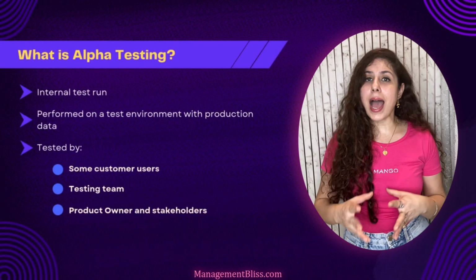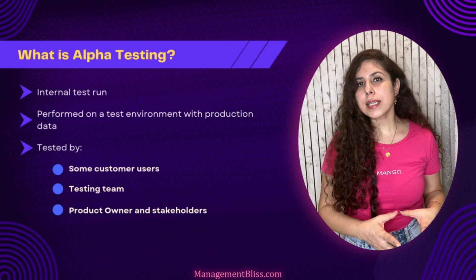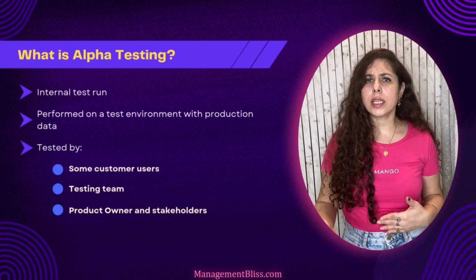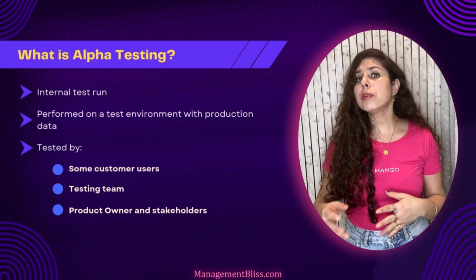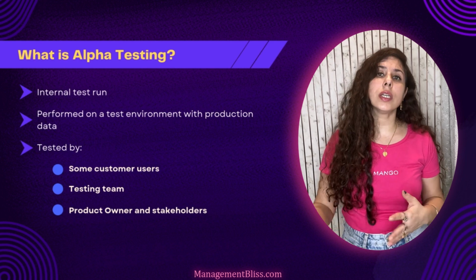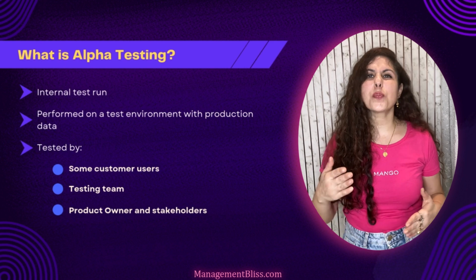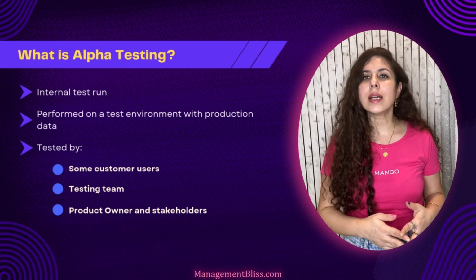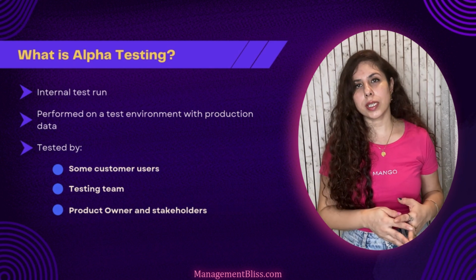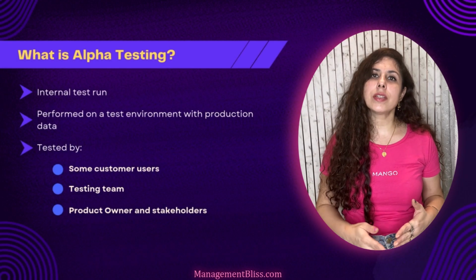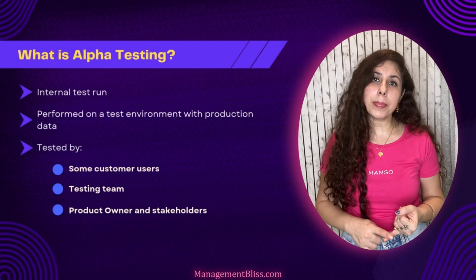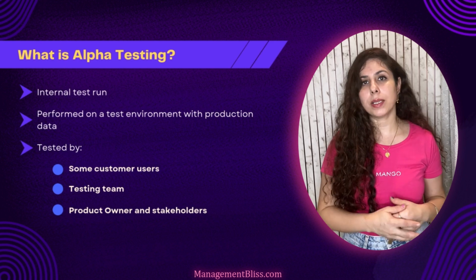Now, what is alpha testing? Alpha testing is like a trial run done internally before the system is shown to the real users. In this, the software is installed on a special test environment that will have the production data. This test environment will be maintained by the company that is actually developing the product.